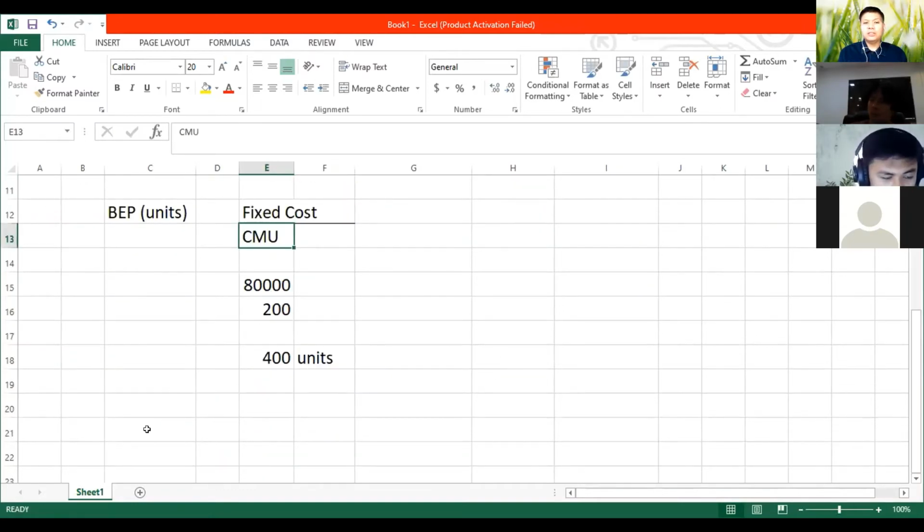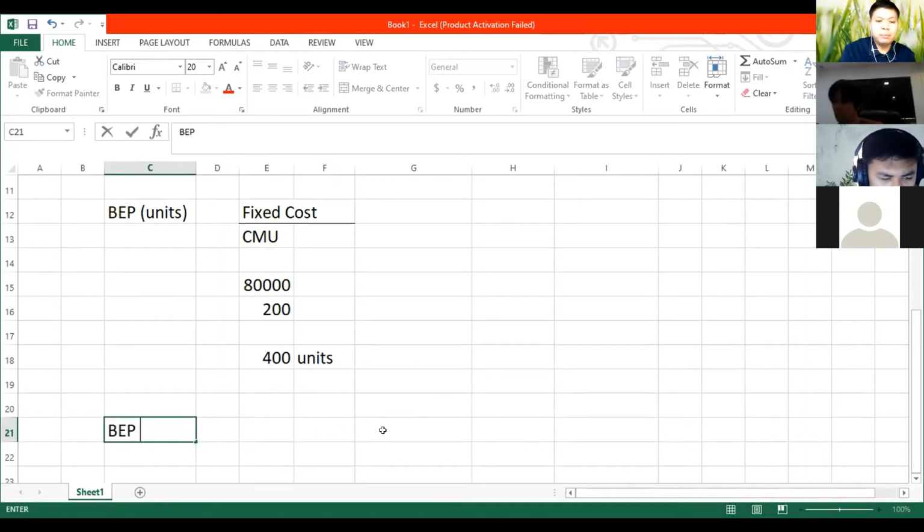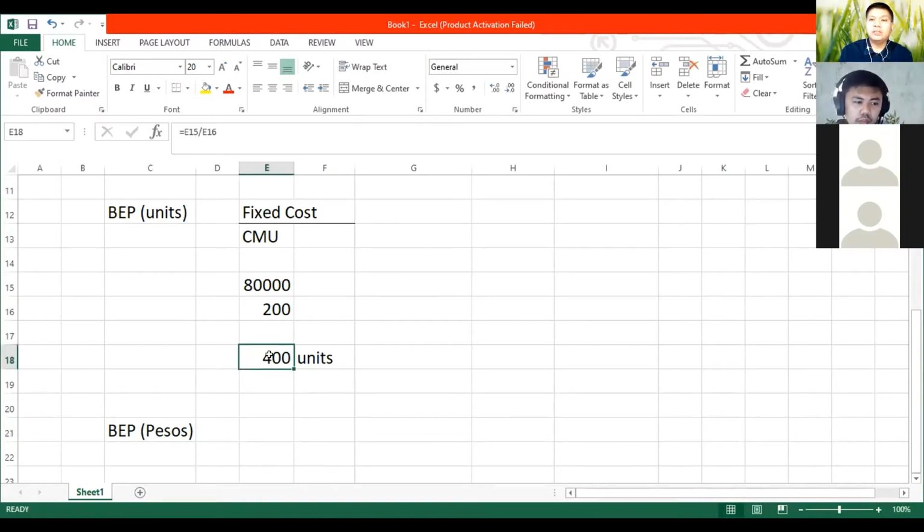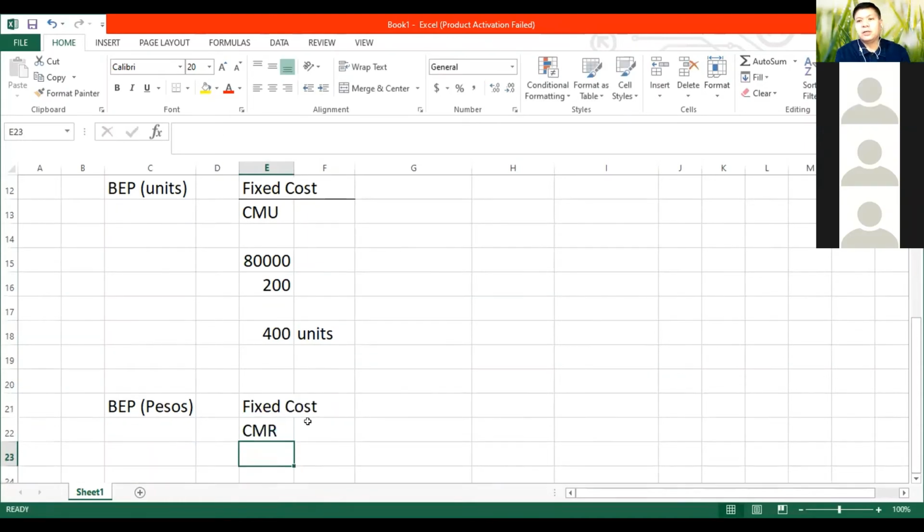What if the question is, what will be the break-even point in dollars or in pesos? So magkano raw ang ibebenta mo? Ito yung sales natin, how many units to sell. Okay. So ito, how much are you going to sell? Okay, so this is the fixed cost divided by your CMR. That's the contribution margin ratio.